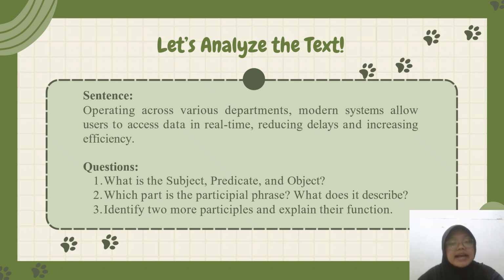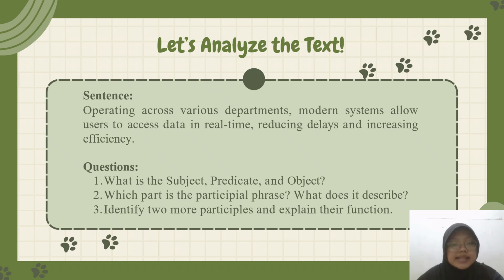Let's answer this question together. What is the subject, predicate, and object? Remember, the subject is who or what performs the main action. The predicate is the main action and everything that follows it. The object is what receives the action.